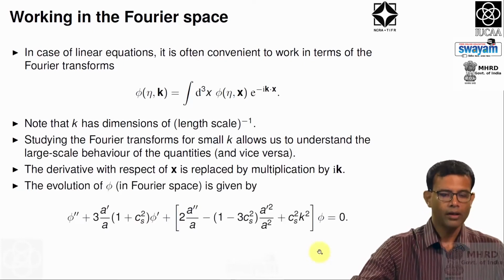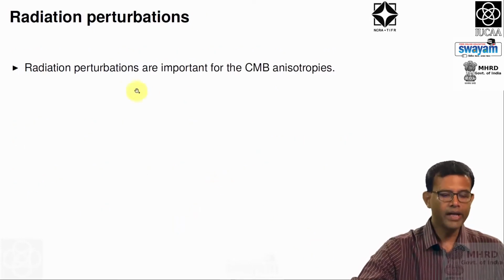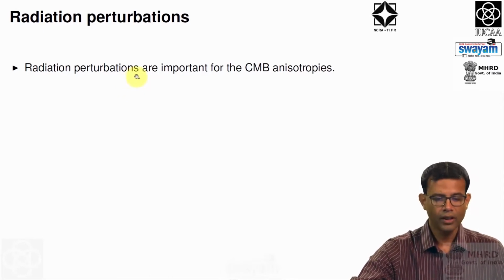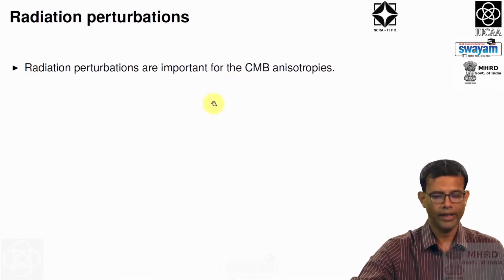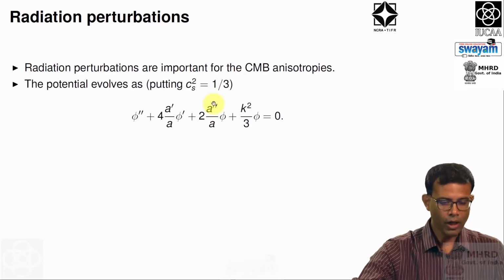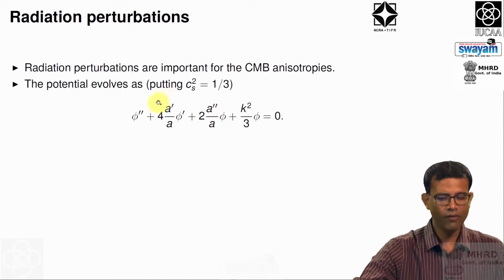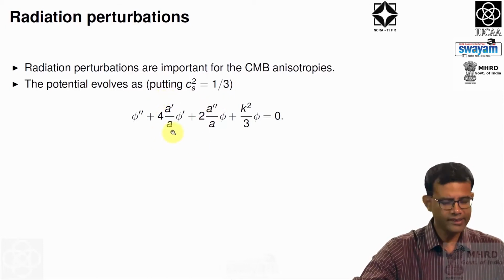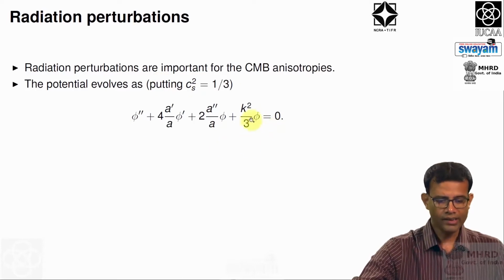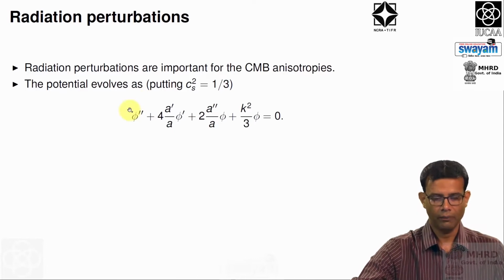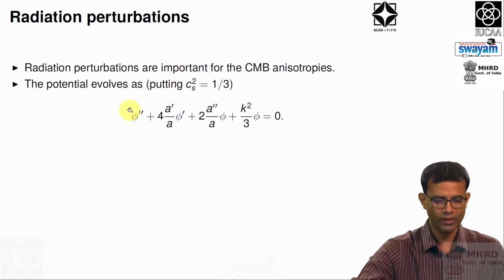Let us now concentrate on radiation perturbations, because radiation perturbations are the ones which are important for studying the cosmic microwave background anisotropies. Now, in this case, the potential will evolve as this, which is just the previous equation, now specialized to the case where we are working with radiation and also a radiation dominated universe.